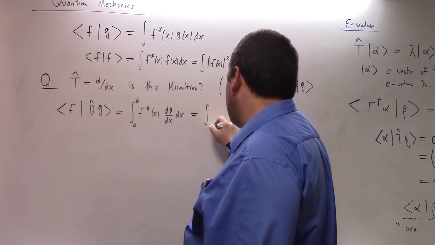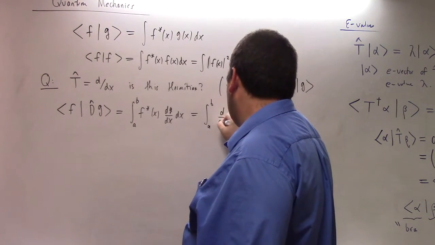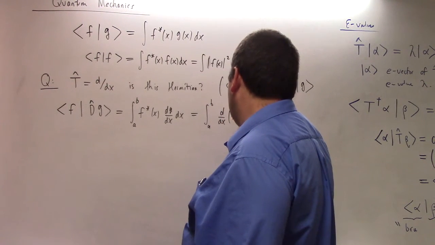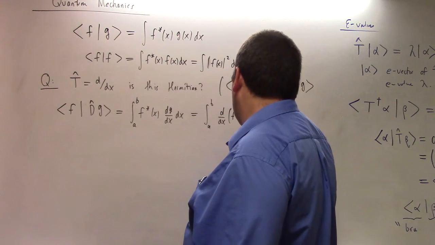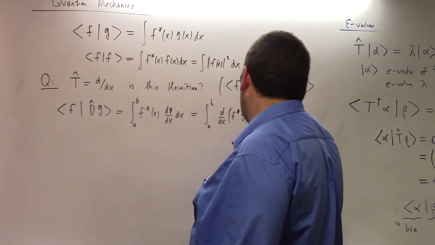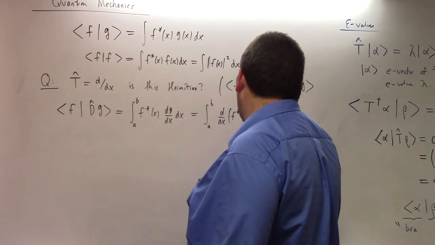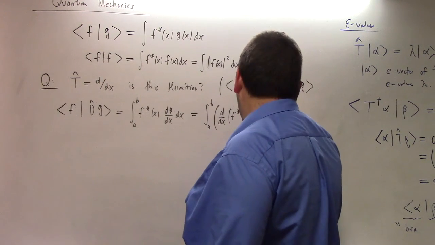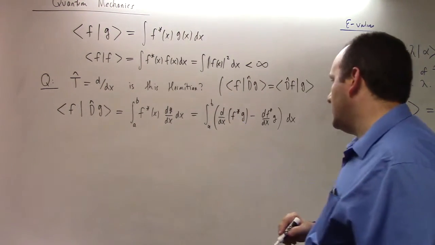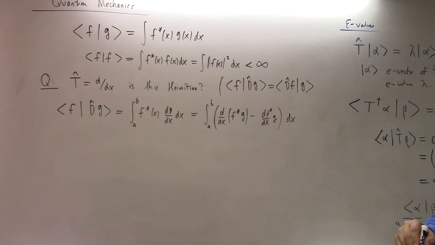So this is the integral from a to b, d dx of f star times g, minus df star dx times g, dx. Just by product rule, right?